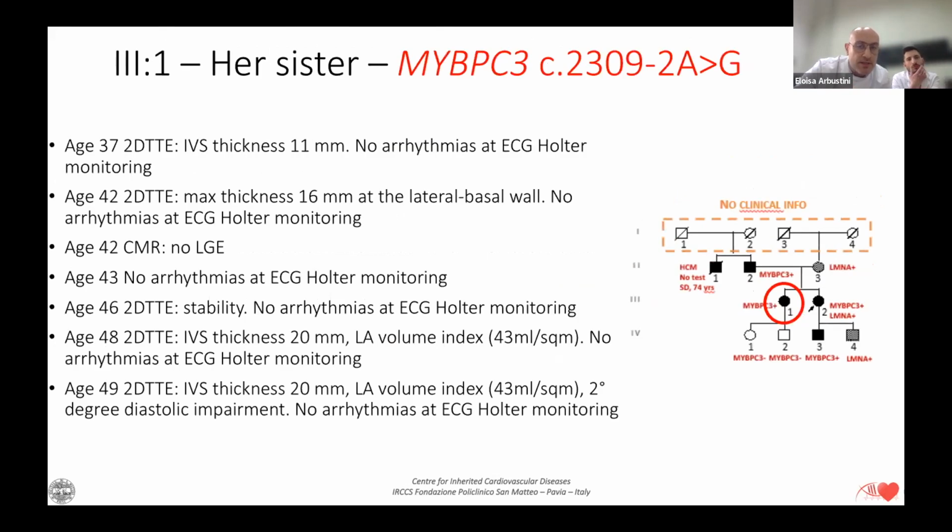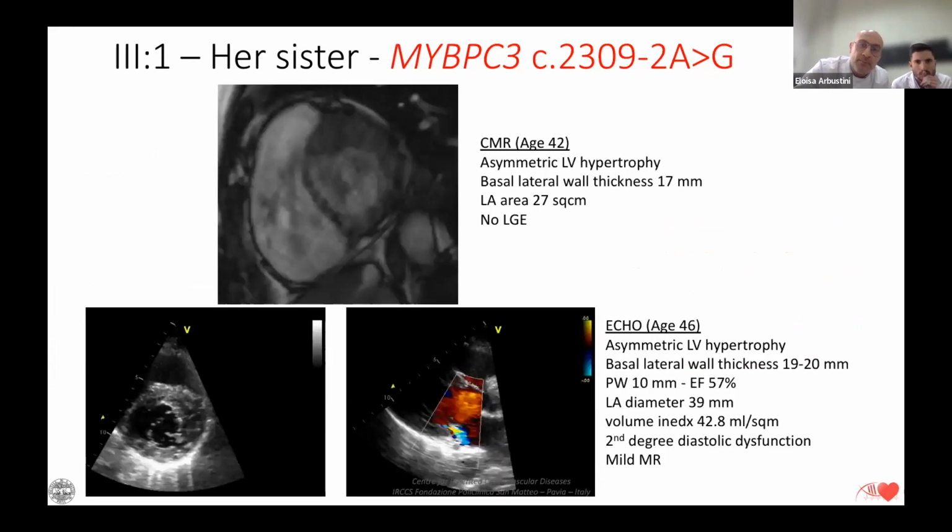Her sister, the sister of our proband, carries the pathogenic variant in MYBPC3 and shows a hypertrophic phenotype in absence of arrhythmias, and a CMR performed at the age of 42 did not show any late gadolinium enhancement. Here is her echocardiogram.